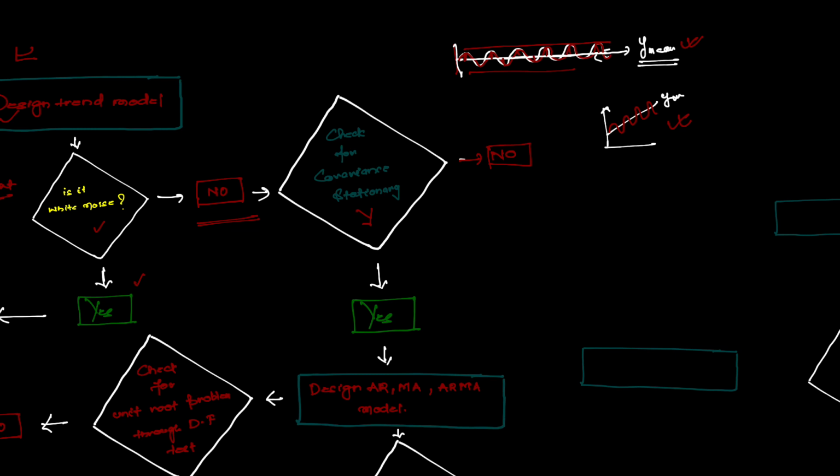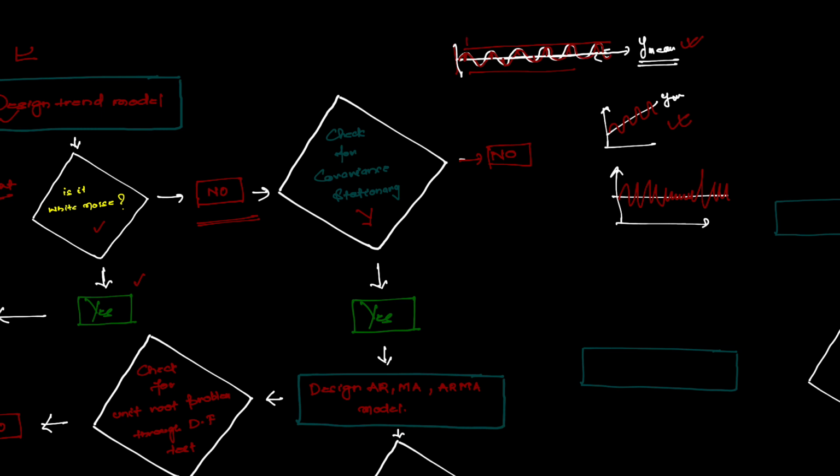However, if I plot something like this, you can see that the variance is changing. It's not homoscedastic, it is heteroscedastic. So variance has to be stable and finite. It should be constant. Okay, the third is the covariance structure should be stable and constant.